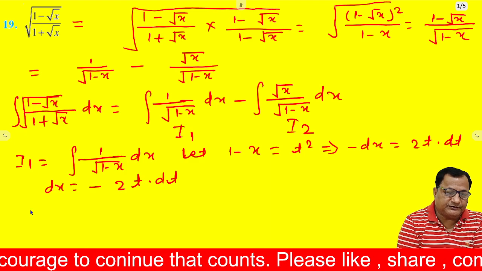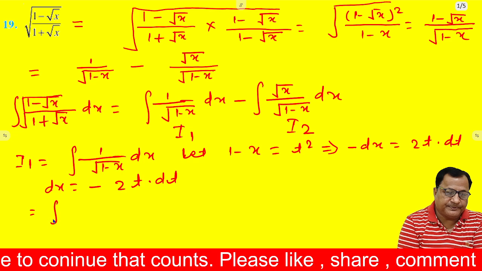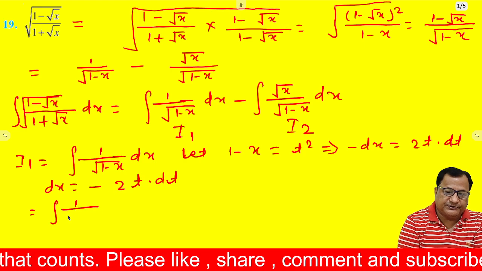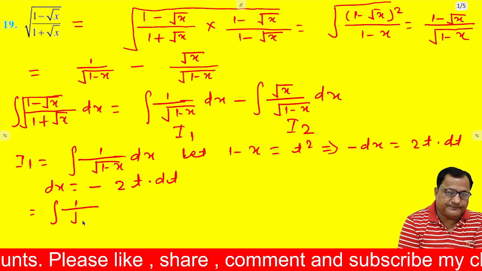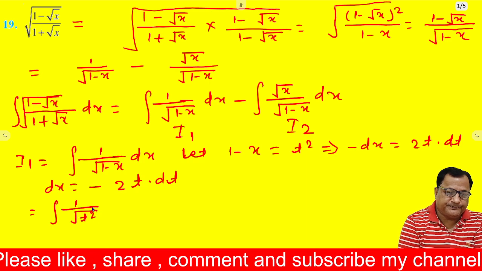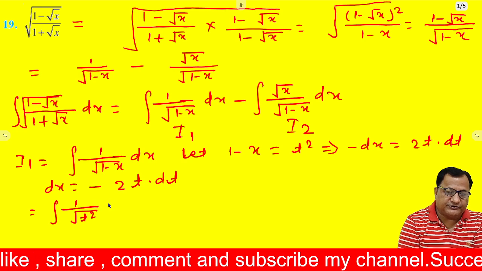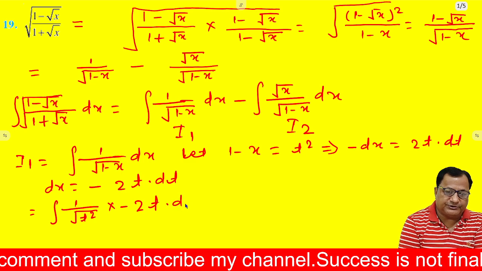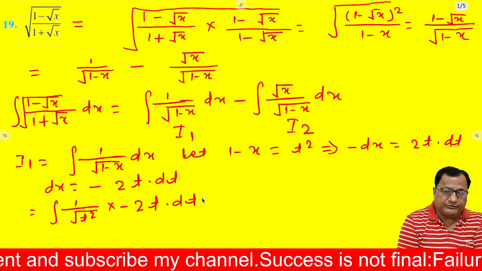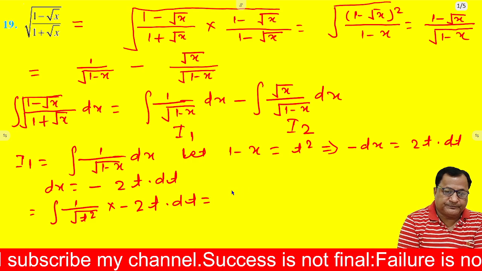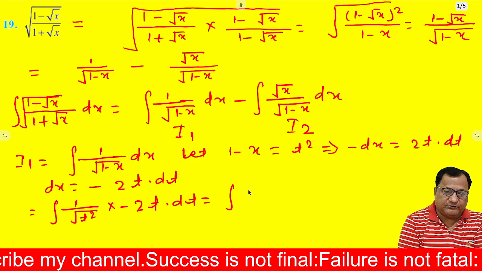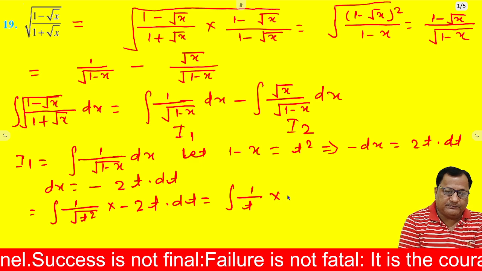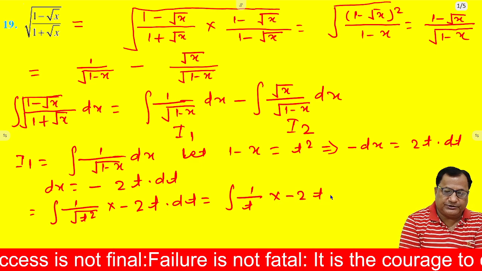Now we'll put it here. So I1 is equal to 1 by 1 minus x. We have supposed t square, and dx is equal to minus 2t into dt. The square root of t square will be t, so 1 by t into minus 2t into dt.